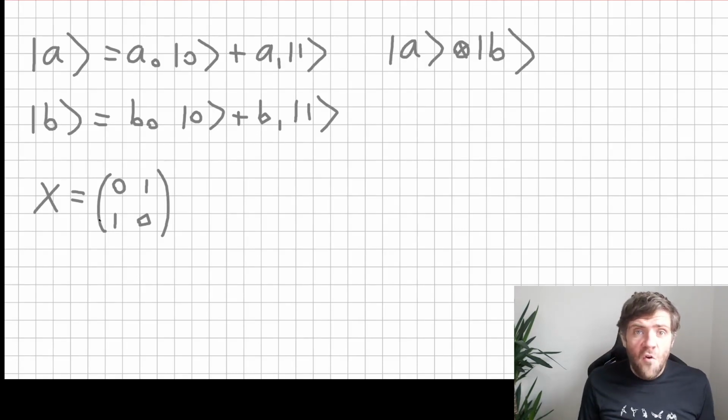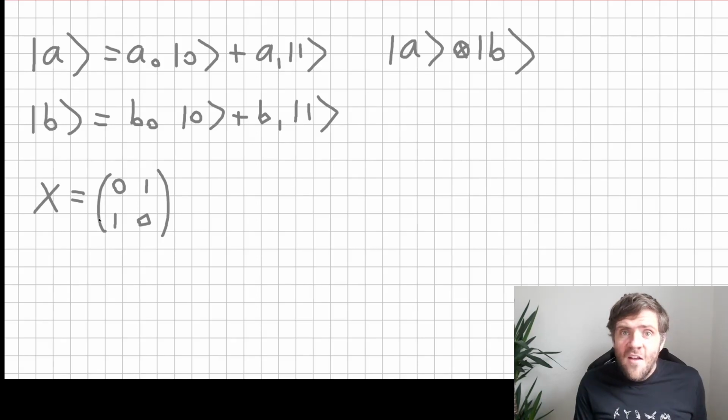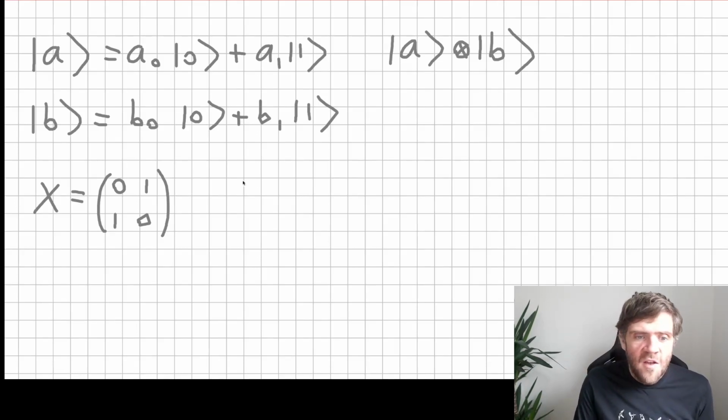You have to find a 4 by 4 matrix which is going to have the effect of doing an X to the qubit you want to do an X to and doing nothing to the other qubit. Well, we already know how to do nothing. That's represented by the identity matrix, which is this particular matrix here.